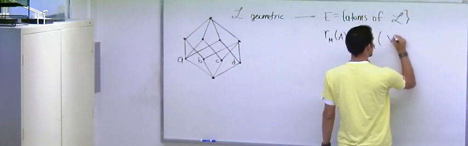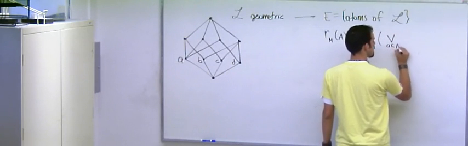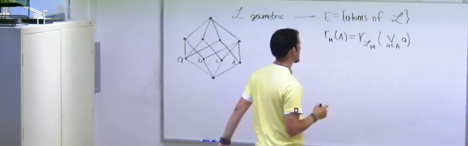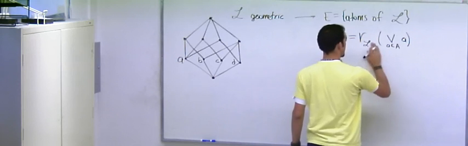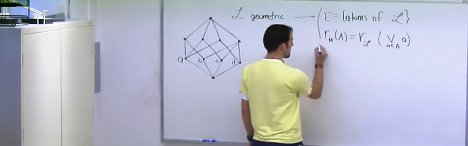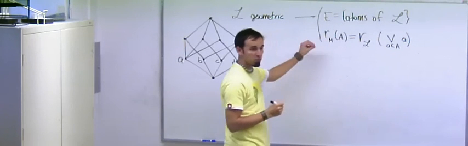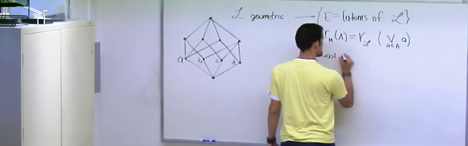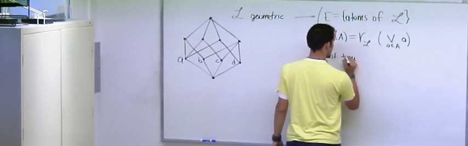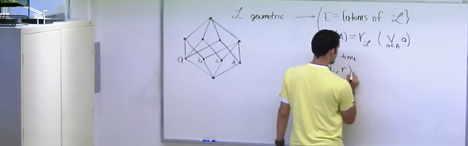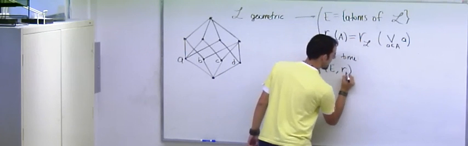So the join of the things in your set. So I defined this, and last time we did prove that this set and this rank function define a matroid.